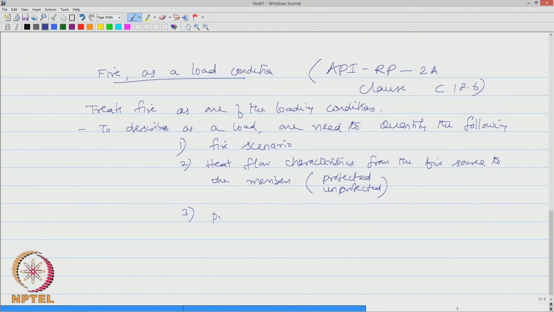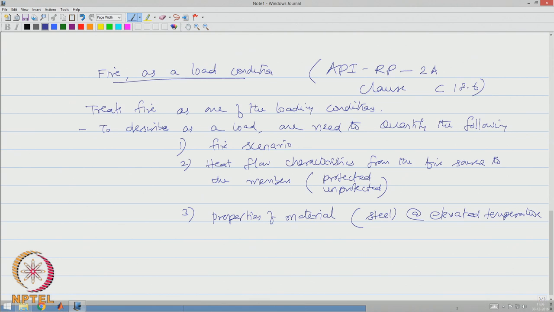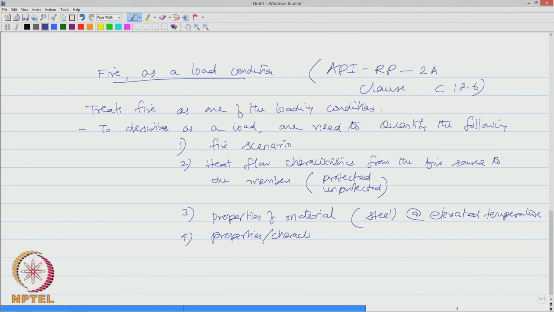Third, we need to also know the properties of material. By and large, it is steel at elevated temperatures. We have discussed this in detail in the previous lectures. And fourth, we should also know the various properties and characteristics of fire protection systems deployed in the platform.